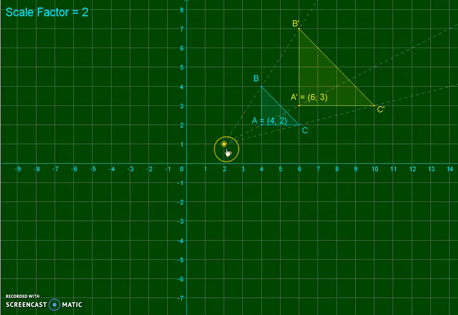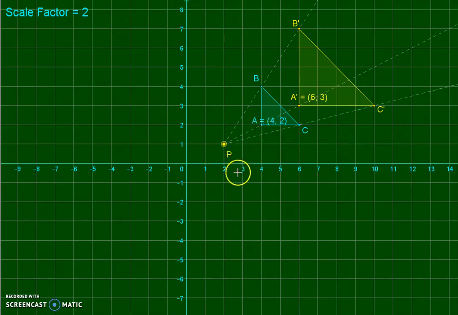In other words, the x coordinate of point P is 2, so it's 2 units away from 0, 0. To account for that, we're going to subtract 2 from the x coordinate of the A point, and then we apply our scale factor, and then we move it back.